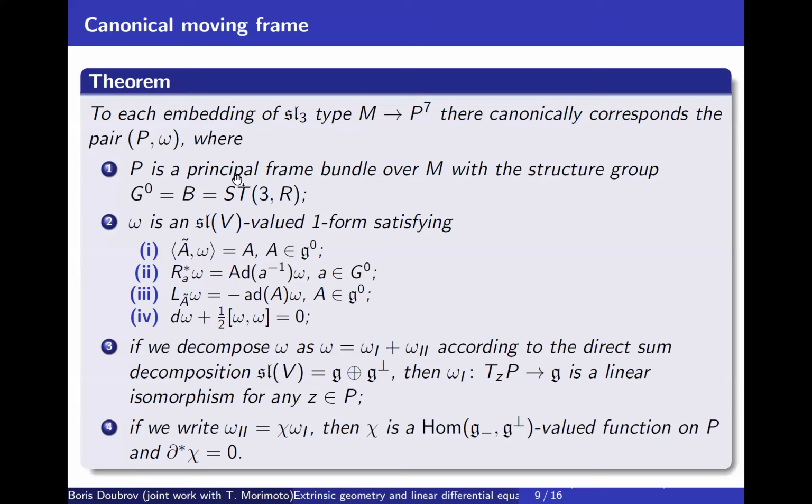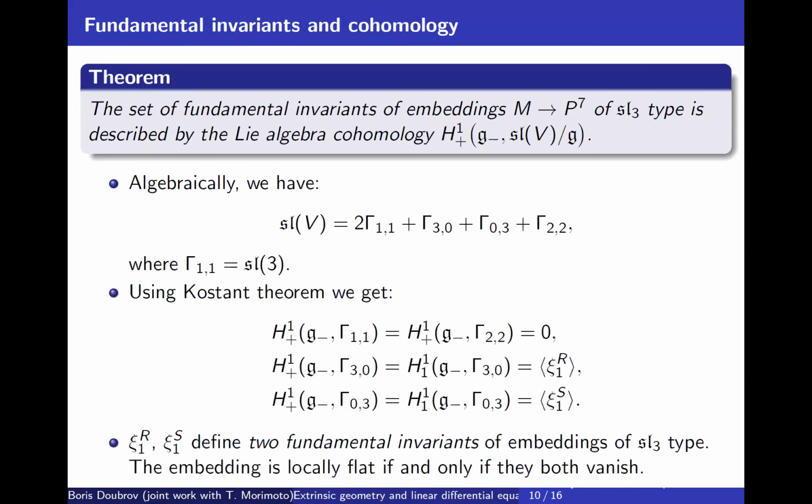So it's not a unique frame; it's actually a bundle of all such frames. And A-tilde is just the fundamental vector field of this principal bundle that corresponds to the corresponding element in the Lie algebra. Thank you. I probably skipped too many details here. Sorry, but it would take a lot of time for me.